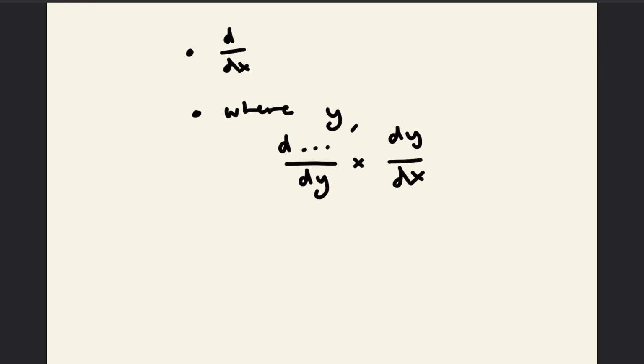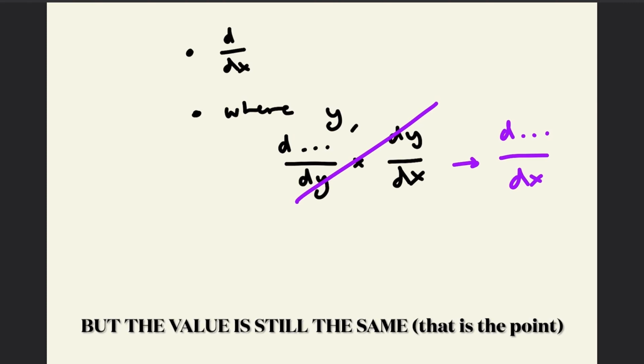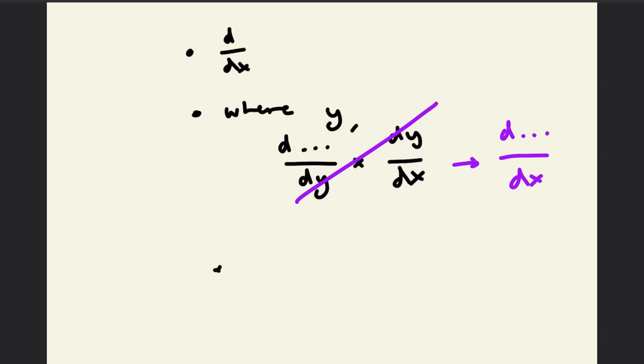And basically, if you think about it, these two cancel out, and then you go into just whatever your y expression is, dx. So you kind of rewrite it so it can be simplified. And then lastly, you just rearrange the equation and get the dy/dx. So how about we look at an example?